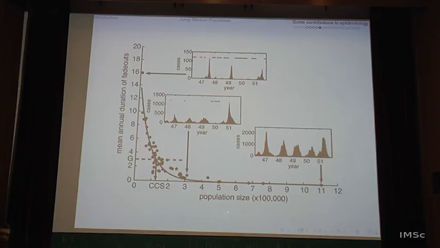So it's a very simple model, but it gives you the right order of magnitude for the CCS, which kind of confirms that demographic stochasticity is probably a very important mechanism of extinction during the endemic dynamics.